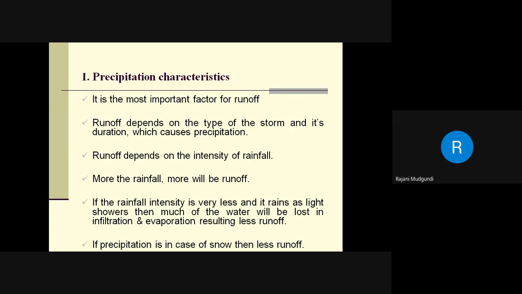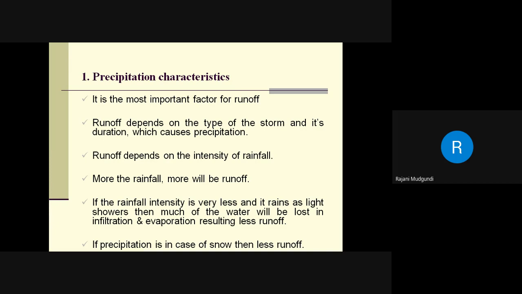If the rainfall is occurring as very intense storms, that is, during a short span of time, the rainfall is more, then what will happen? More runoff will be available.